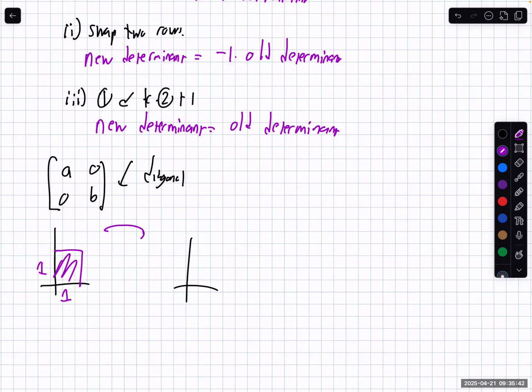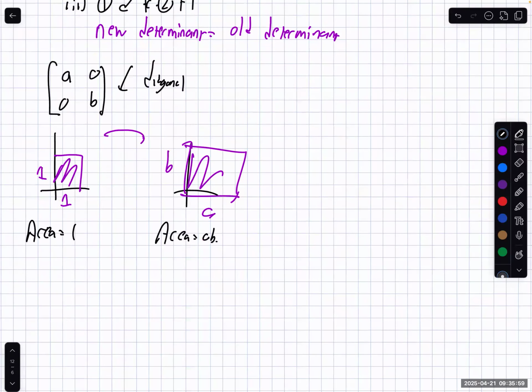If I start with a 1 by 1, this becomes length A, this becomes length B. The determinant is just the product of the diagonal entries. And for a 3 by 3, you should see it as well. So if I have a unit cube, if I have any shape, expand along one axis by 2, another axis by 3, and third axis by 4, the volume goes up 2 times 3 times 4.